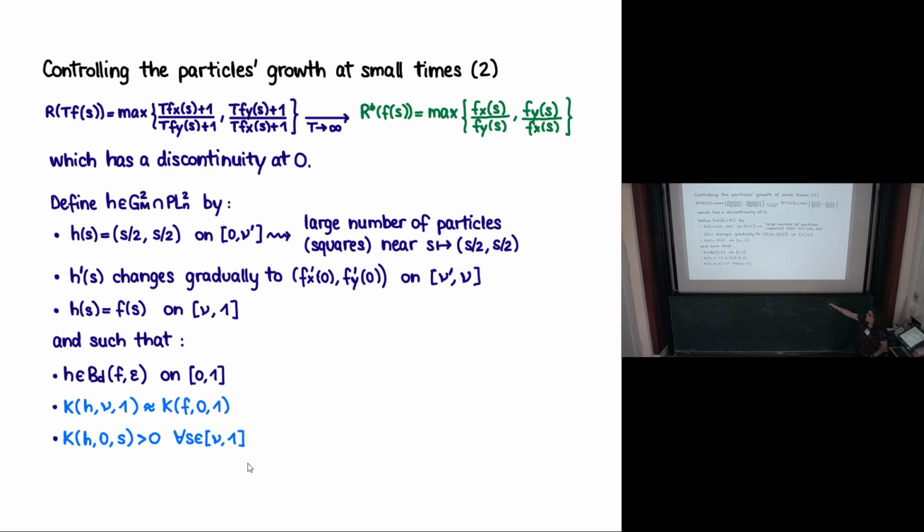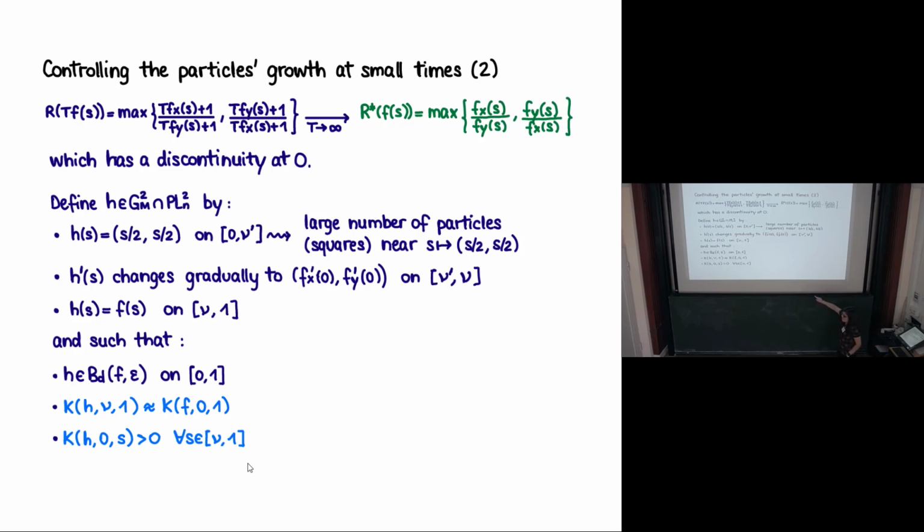So first path, just make sure that h is, well, what I really need to show is that there are a lot of particles. So at the end of this, at time mu prime times big T, I will have tons of particles there. And then we can control how these particles follow H when the gradient changes. And ultimately, all this flow of particles will be near F at time, well, mu.